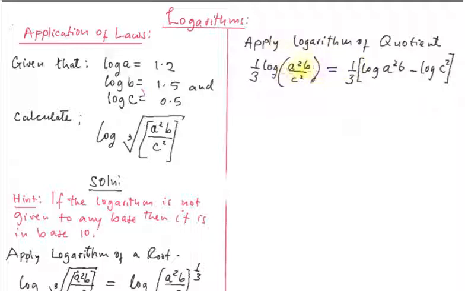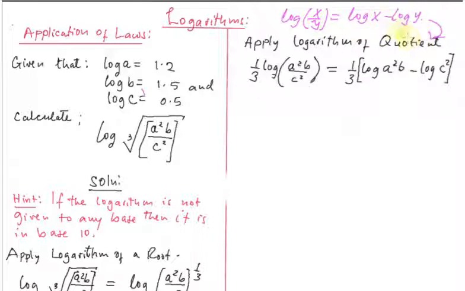Logarithm of quotient tells us that logarithm of x over y is the same as logarithm of x minus logarithm of y. This is what we learned in the logarithm of quotient.